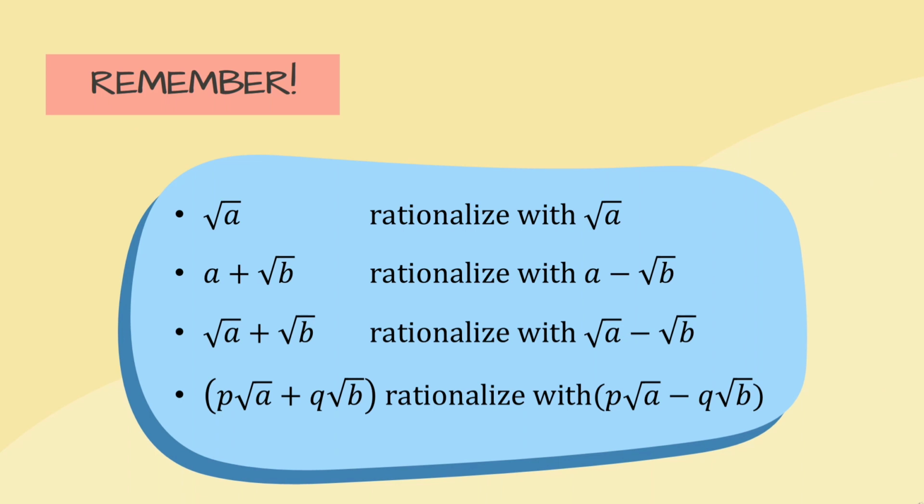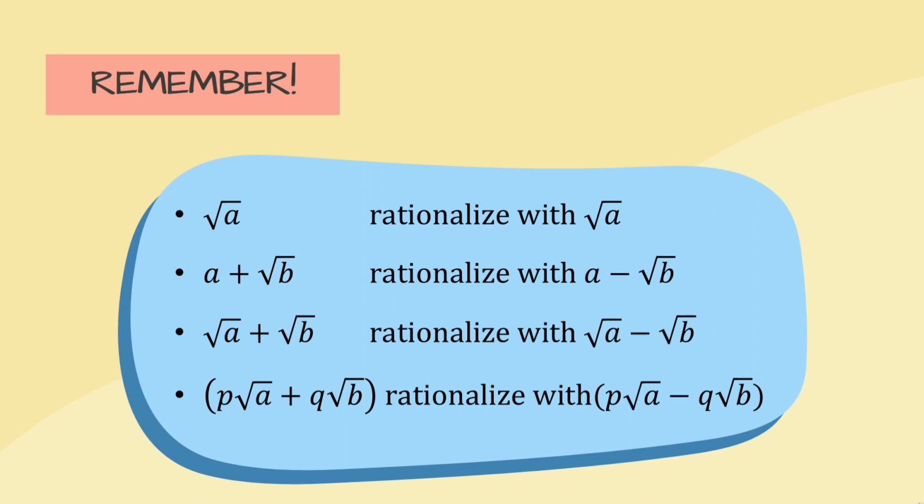We have to remember that the square root of a, rationalize it with the square root of a. And then a plus the square root of b, rationalize it with a minus the square root of b. Next, the square root of a plus the square root of b, rationalize it with the square root of a minus the square root of b.